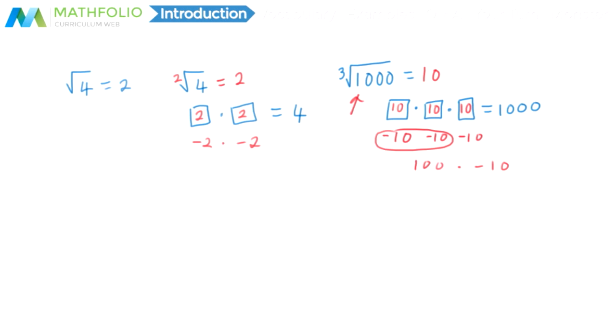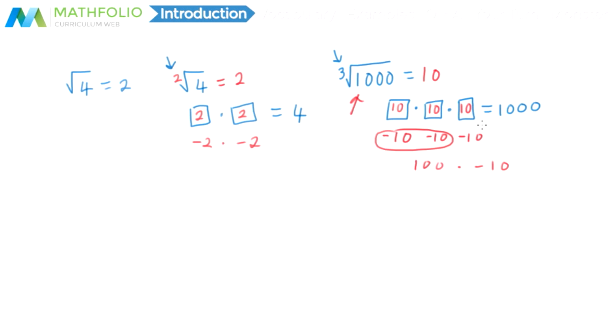Now I mentioned that in the square root of 4, the answer could have been a +2 or even a -2, which is all fine. Now usually when we've got an index, the number next to the radical sign, the 2 and also the 3, those are each called an index.